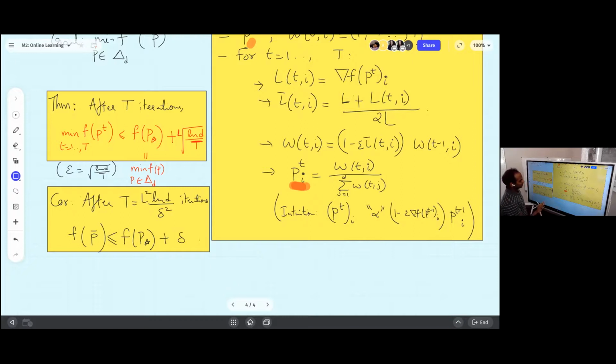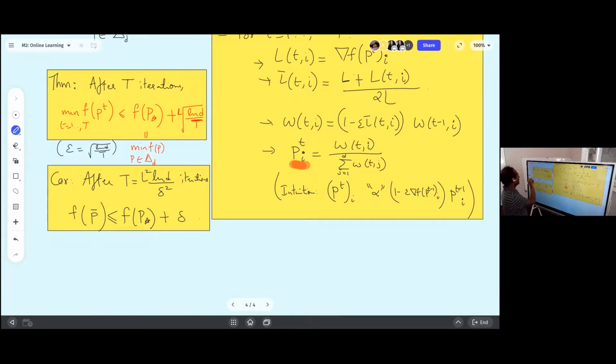And the most noticeable thing here is that the dependence on the dimension is logarithmic. So I'm optimizing in d-dimensional space, but I'm only running it for log d many iterations, if you think of L and delta as constant.